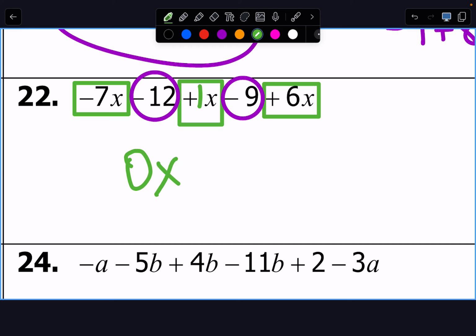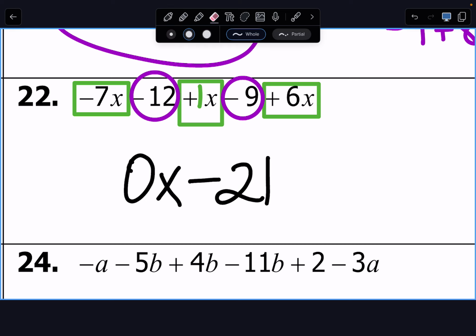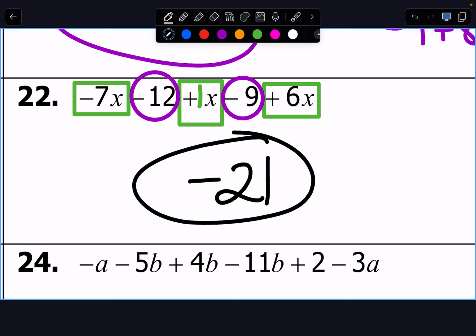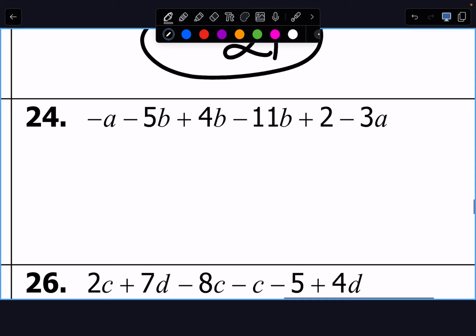Oops. But are we going to write 0x? No. What about minus 12 minus 9? So we have 0x minus 21, but we don't need the 0x. It's just a negative 21. If you write 0x, I'm not going to stop you. Okay. All right, one more.